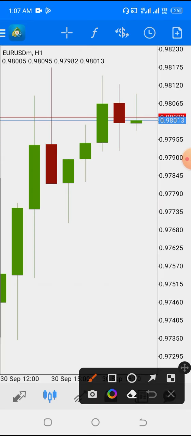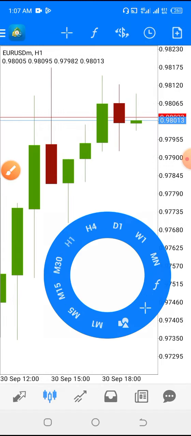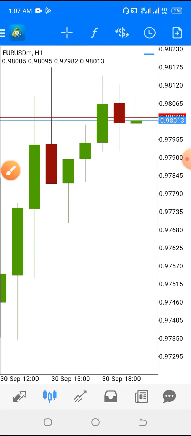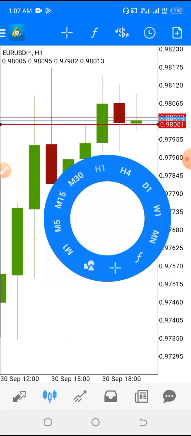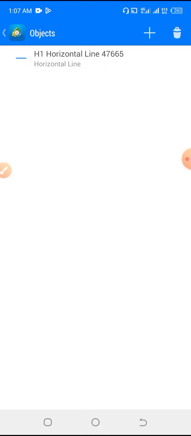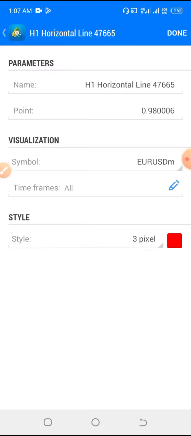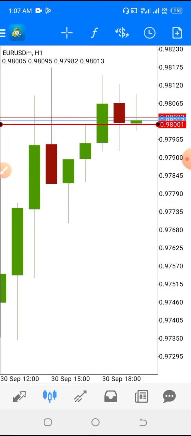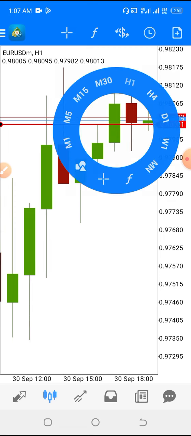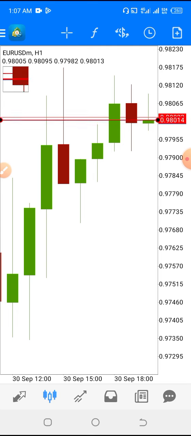Are you seeing that price? That is our current price right now of Euro USD. I'm going to mark this as my current price. You have to learn how to use this: you just come to shapes, and let me increase the width to 3 pixels. Done. Now I'm marking that as my current price.